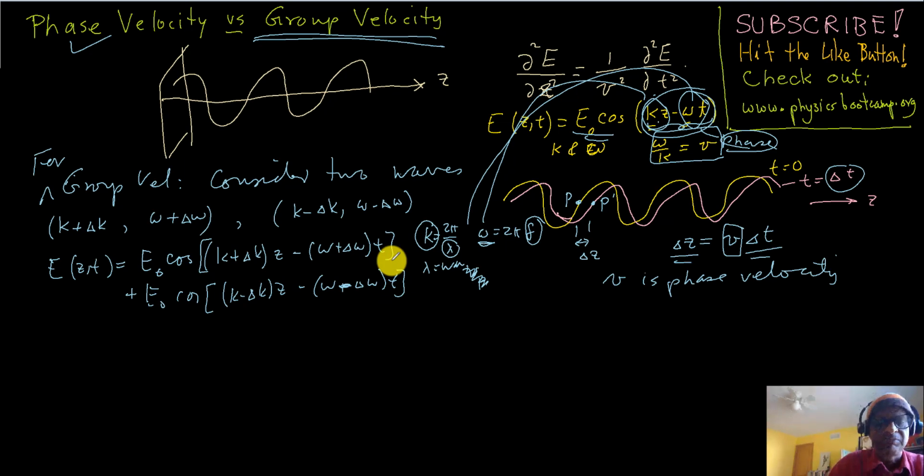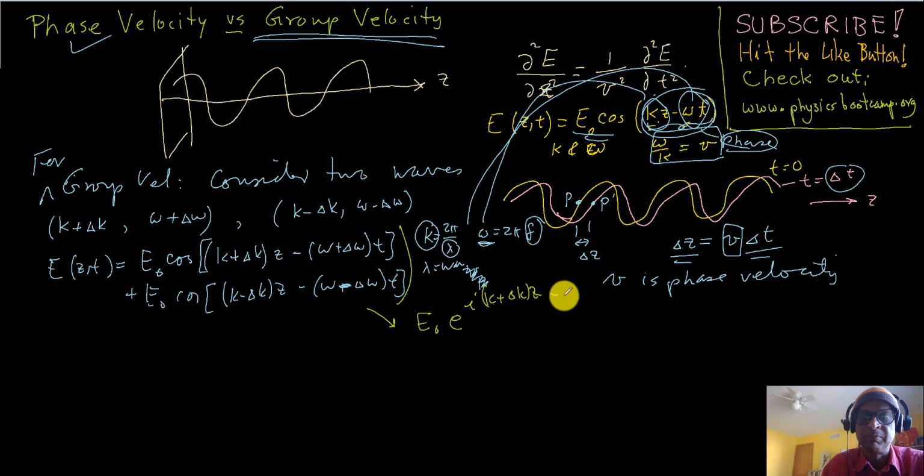So you can add these two up, or you can add them in the complex notation, which is very easy to do. In complex notation it will be E0 e to the power i (k plus delta k) z minus (omega plus delta omega) t, plus E0 e to the power i (k minus delta k) z minus (omega minus delta omega) t.